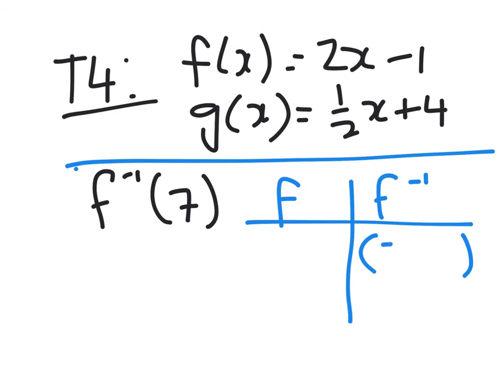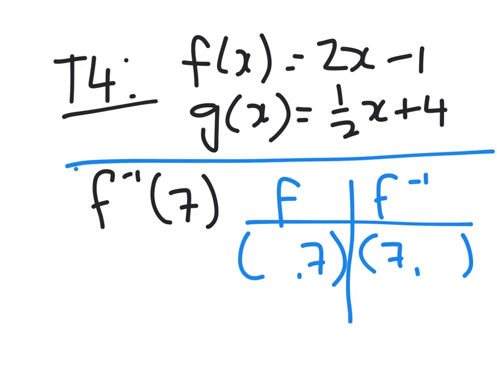We want to know what we get as an output if we put 7 as an input in f inverse of 7. That's the same question as putting 7 as an output of f. What input gives 7 as an output of f? See, we flip the domain and range. The output of one function is the input of the other, and vice versa.